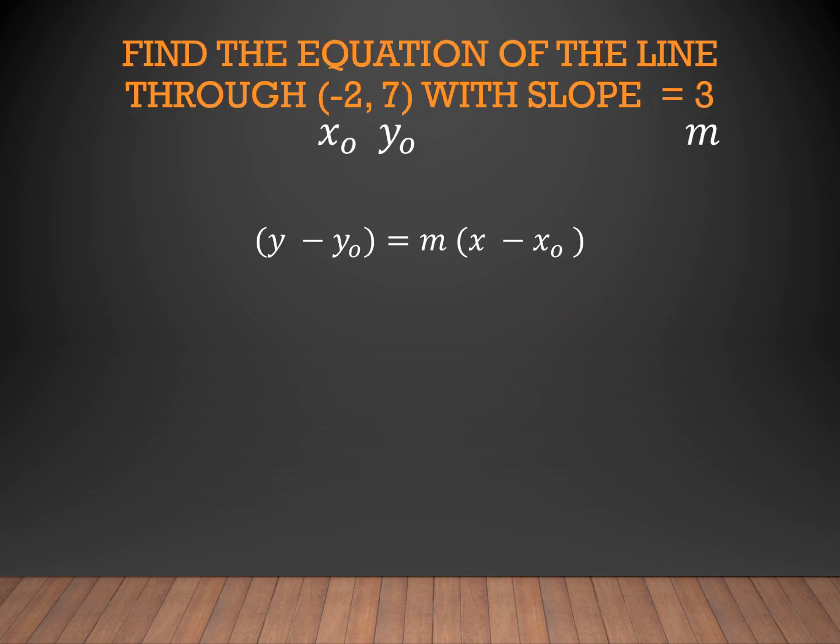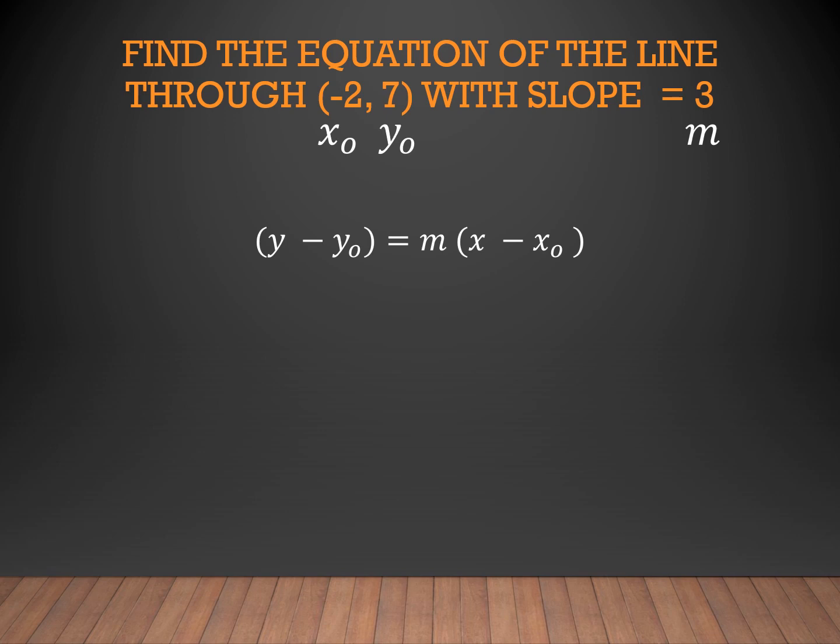Now we have another example. We need to find the equation of a line passing through the point (negative 2, 7) with slope 3. So we're going to start with the point-slope form. We label the coordinates of my point.